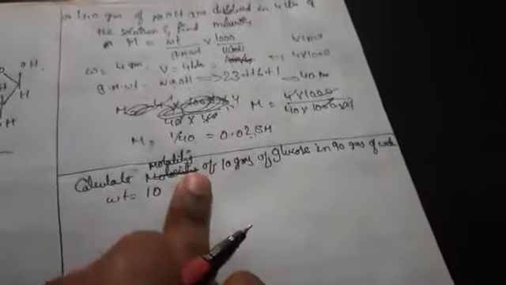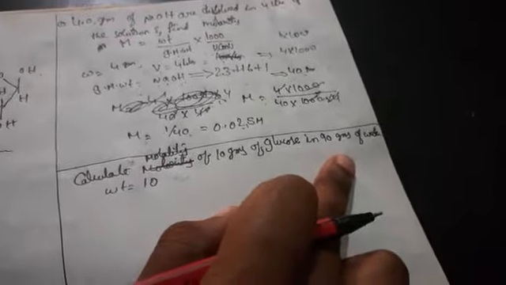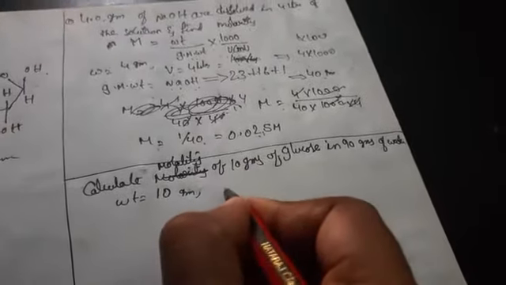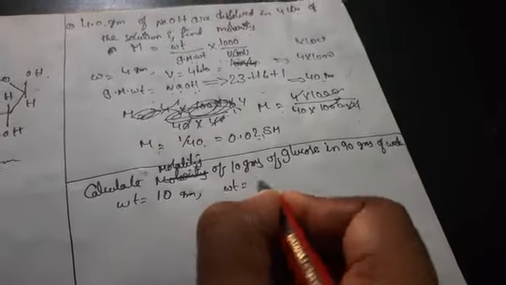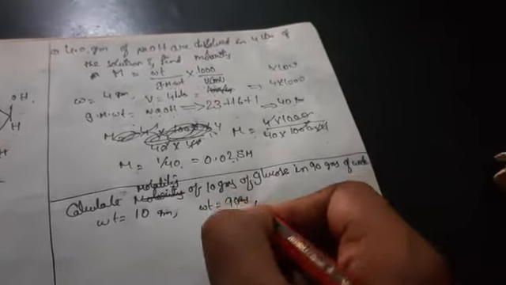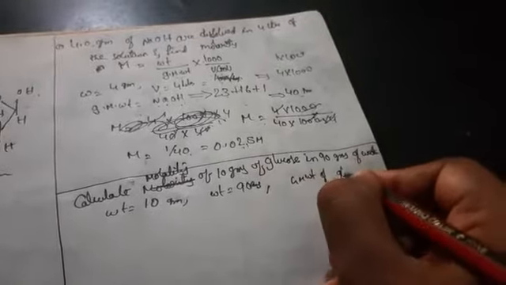Calculate molality of 10 grams of glucose in 90 grams of water. Here weight he has given 10 grams, and this weight he has given 90 grams. And the gram molecular weight of glucose we have to find here.